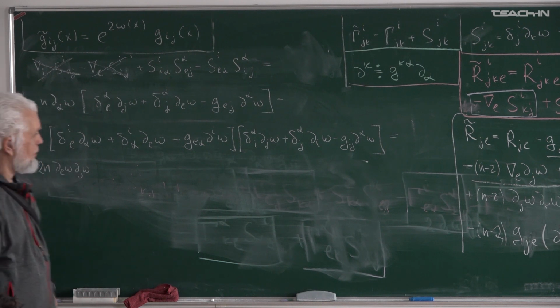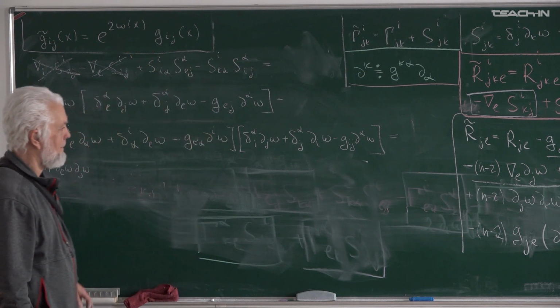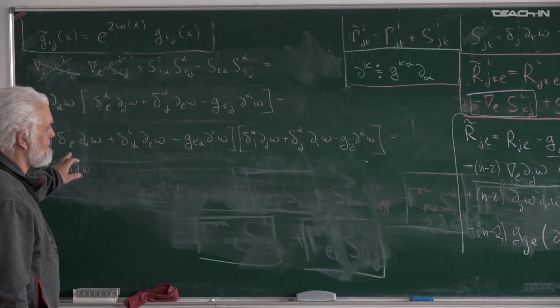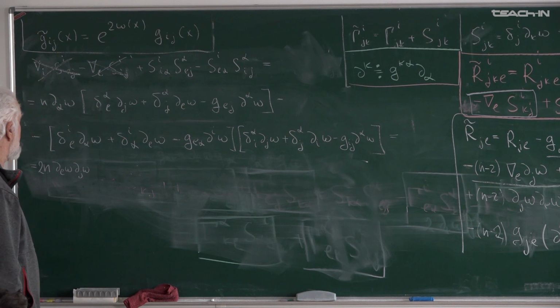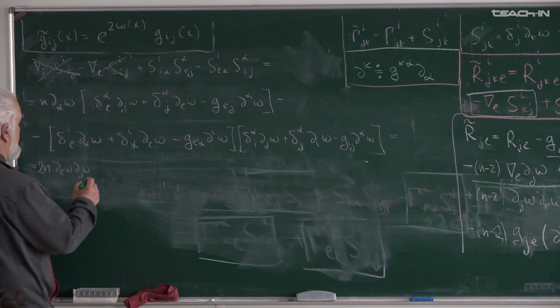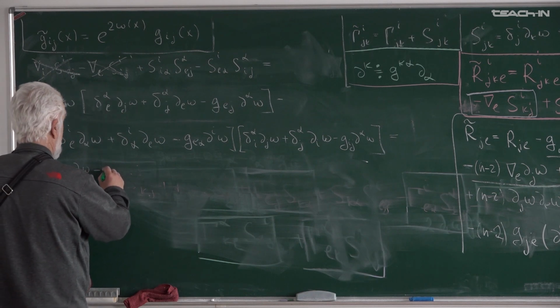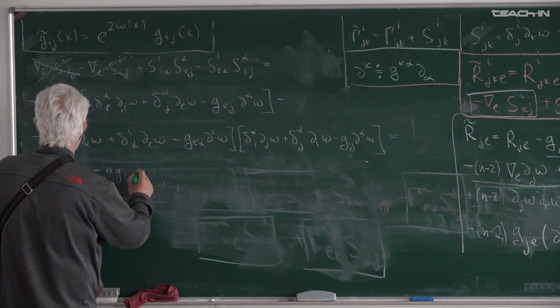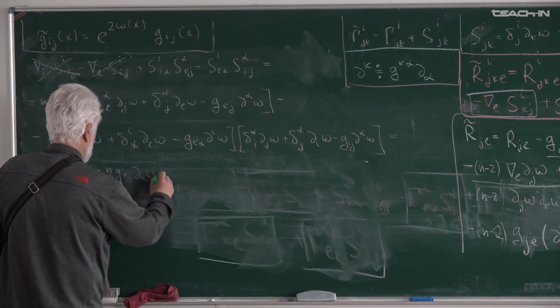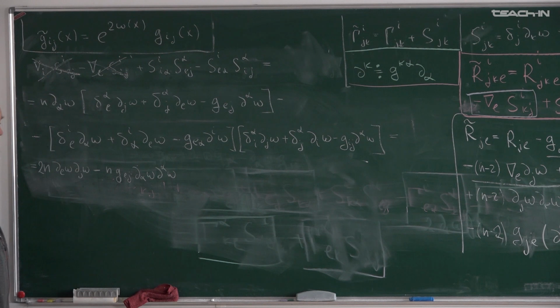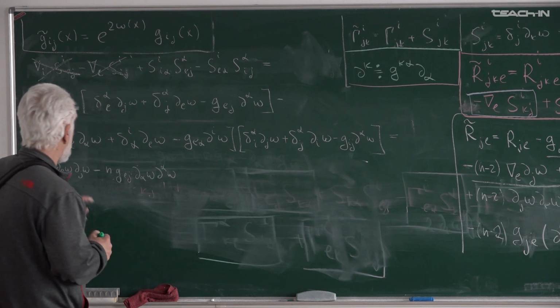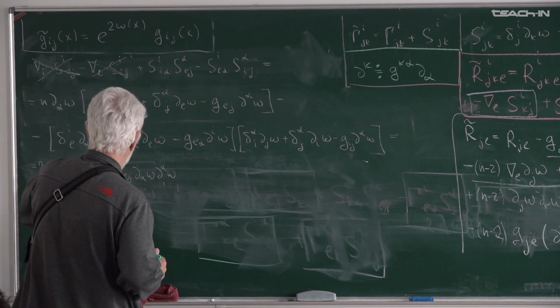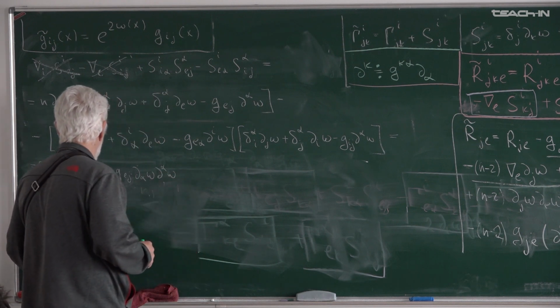The first two terms give us delta alpha omega plus you have 9 terms. Let's calculate all the 9 terms. But what to do? I don't know how to avoid it.